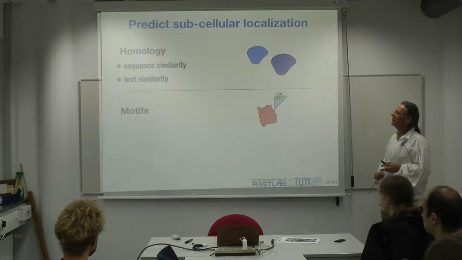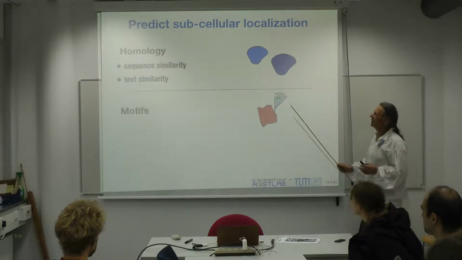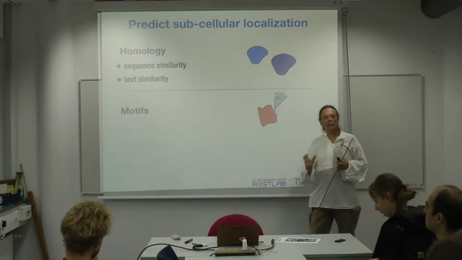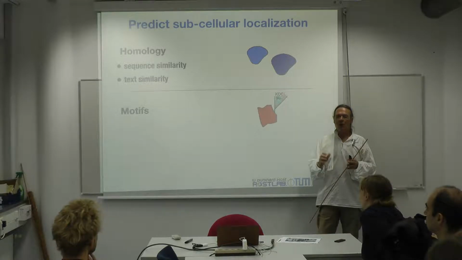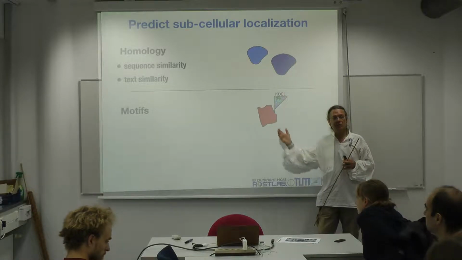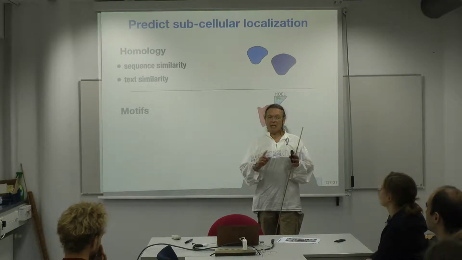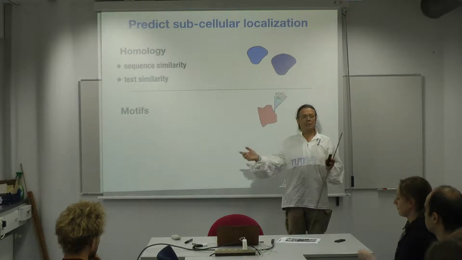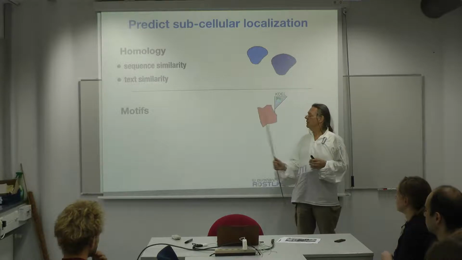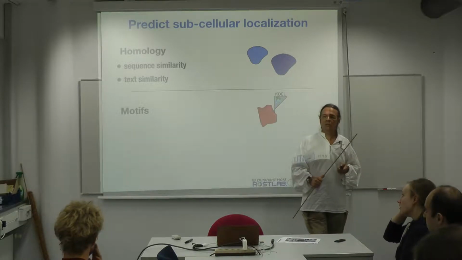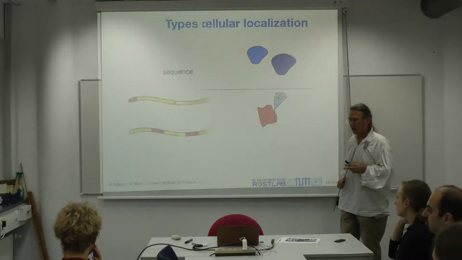Then there are motifs. Motif is another sort of, it is related to homology-based inference, but now we no longer really mean homology. And the reason for that is we no longer require that these two proteins are really similar in sequence, that we can make any inference about their relatedness in evolution. But what we do see is a motif, a local region, something that is relatively short in sequence and is meaningful.